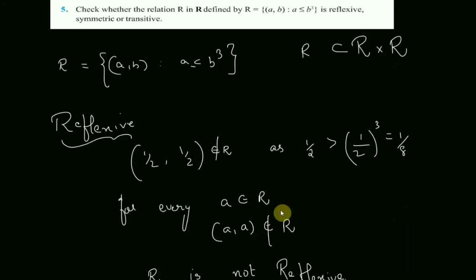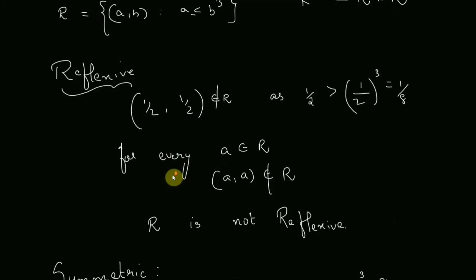So it is not true. For some cases it might be true, but it should be true for all elements. For every a, (a, a) should be in R, but here (a, a) is not in R. It's not reflexive.